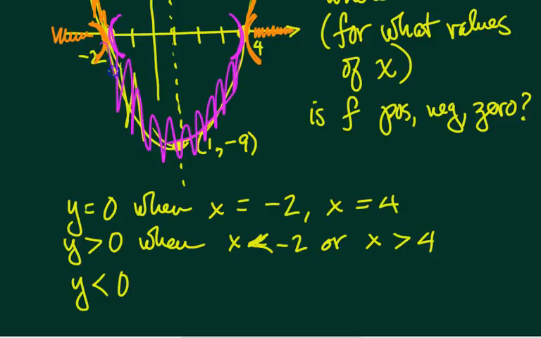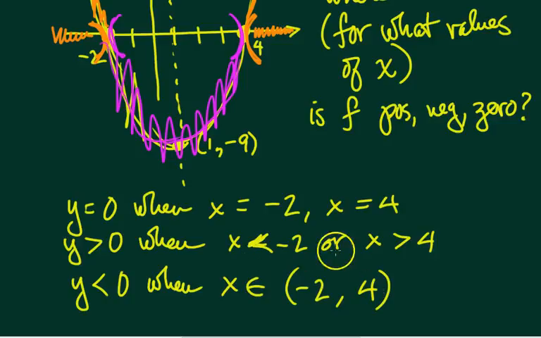These y values are negative numbers. Okay, so y is less than 0 when x is in the interval -2 to 4. So just for grins, I have written my open intervals in different ways with this notation and with that notation. Either one is perfectly all right.